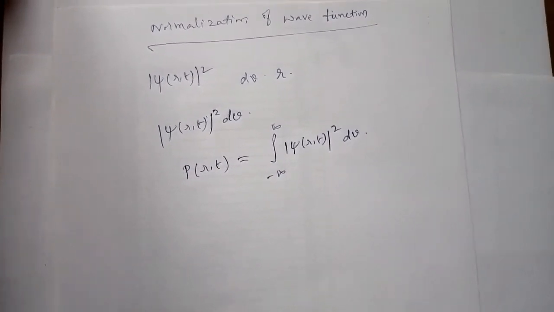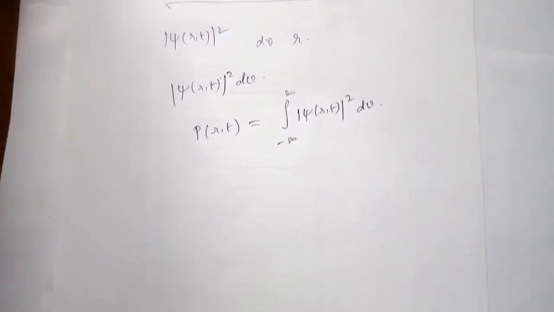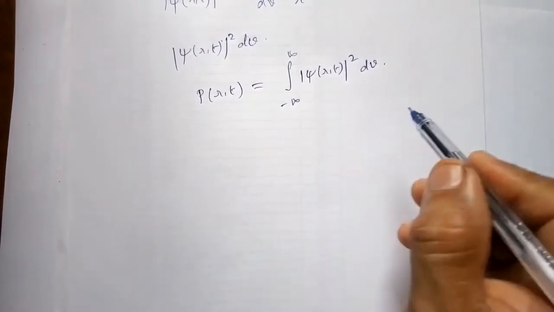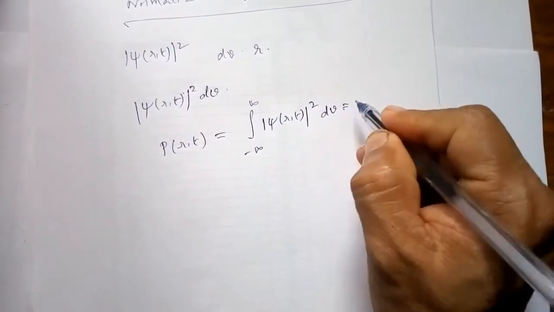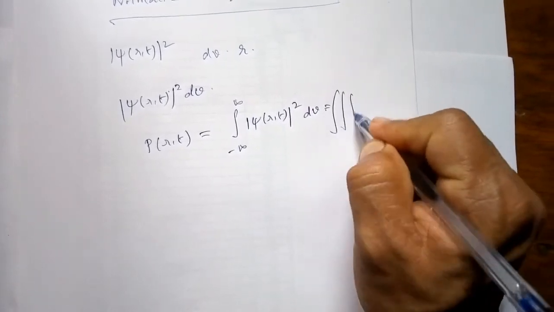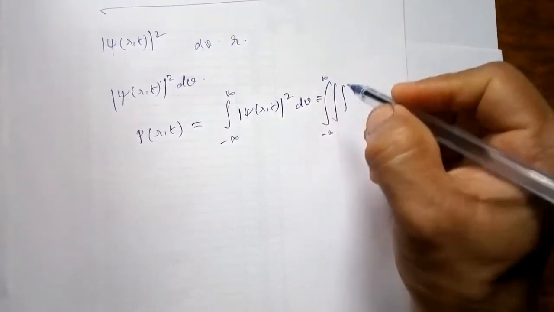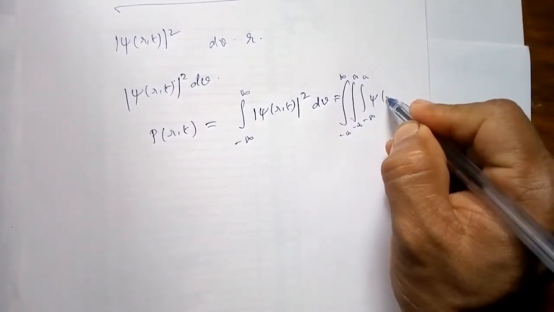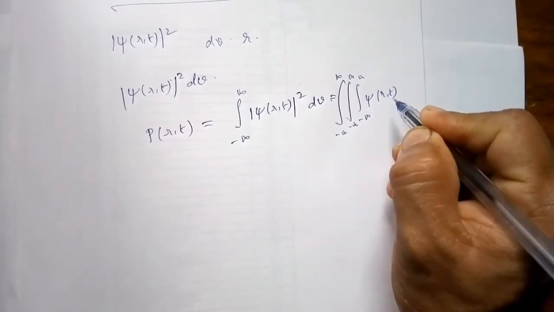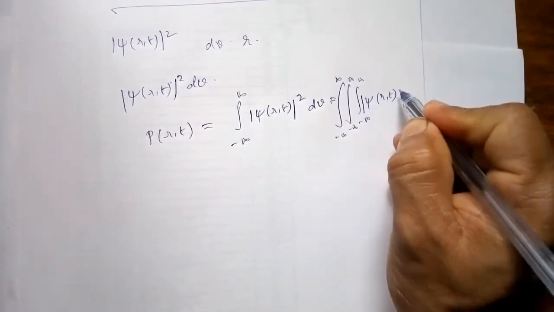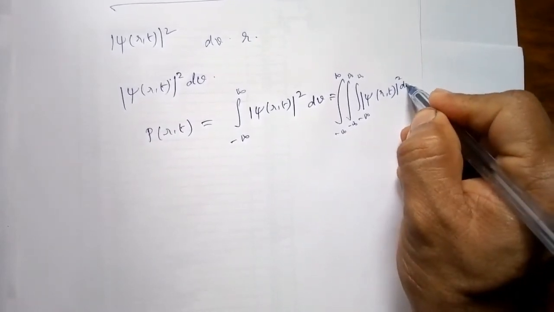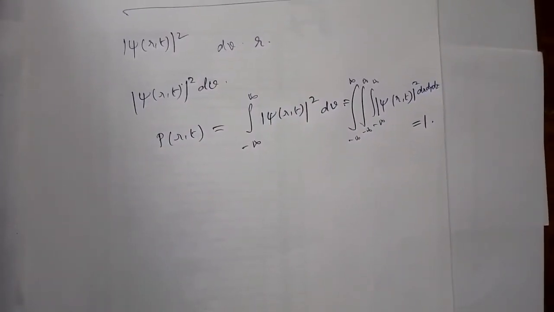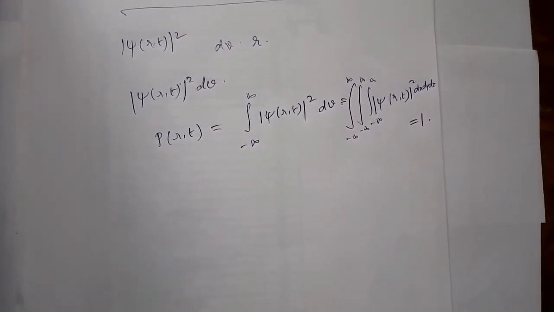Since a particle is certainly found somewhere in the space, this integral can be written as the triple integral from minus infinity to plus infinity of modulus psi of r comma t whole square dx dy dz, which is equal to 1, because you can find the particle somewhere, the probability is equal to 1.